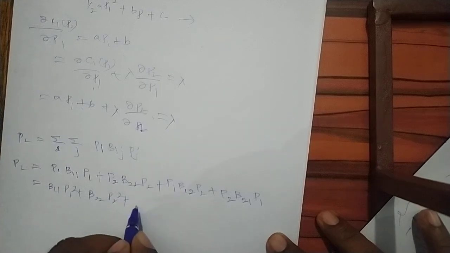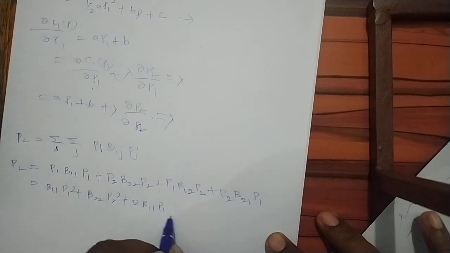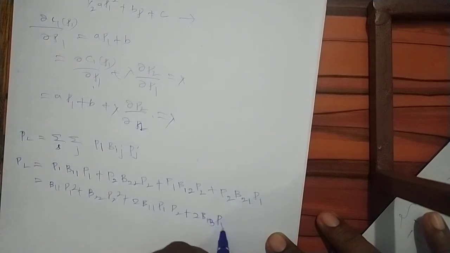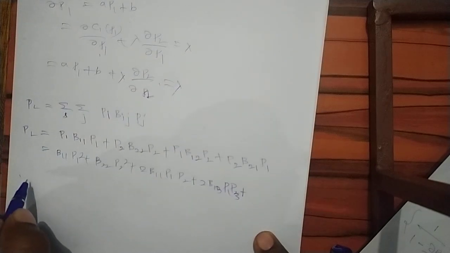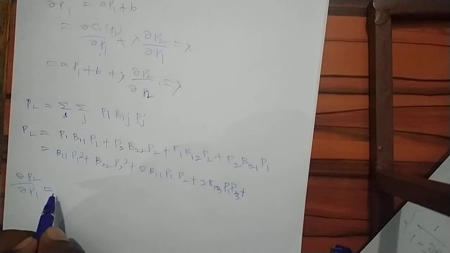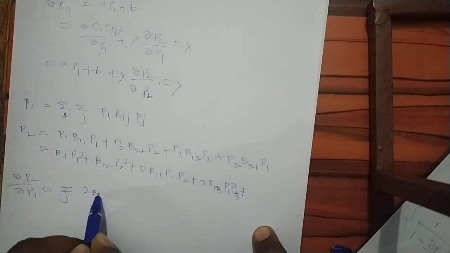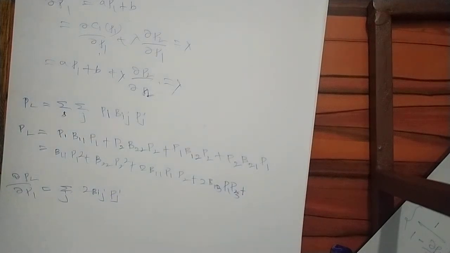So after simplifying, you will get this expression with cross terms: 2B12 P1 P2 plus 2B13 P1 P3, and so on. After differentiation of this with respect to P1, we will get 2 times the summation over j of B1j Pj.